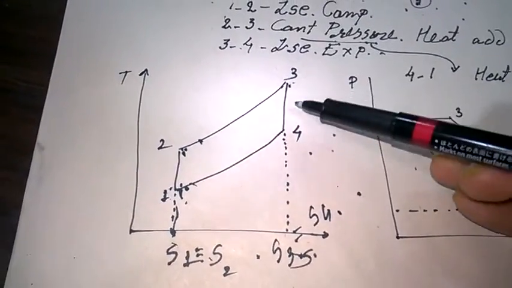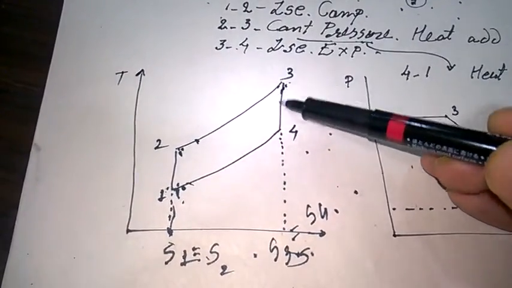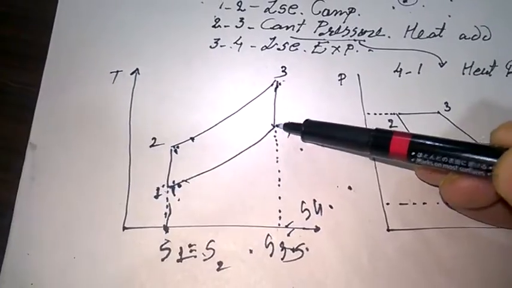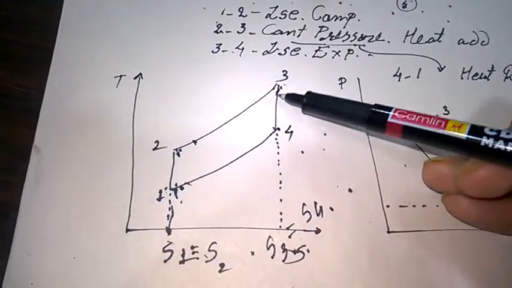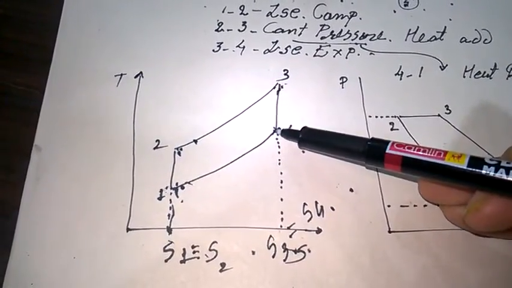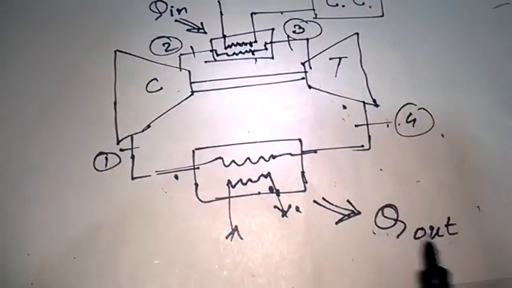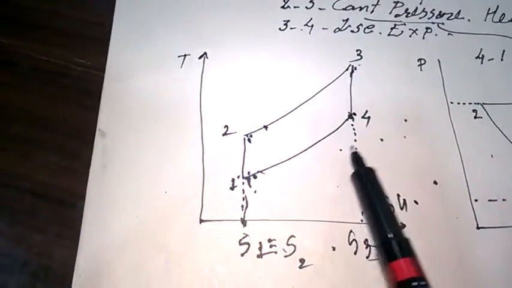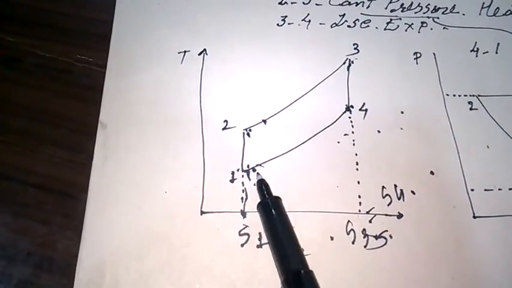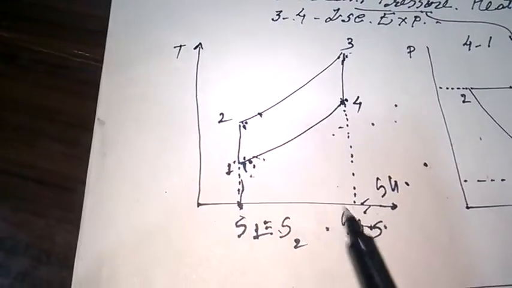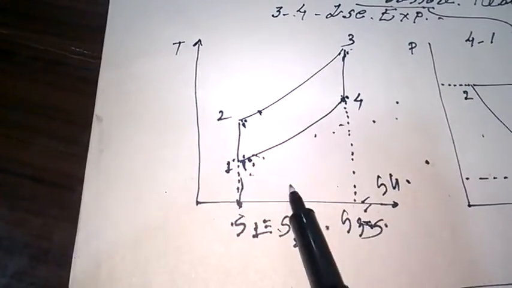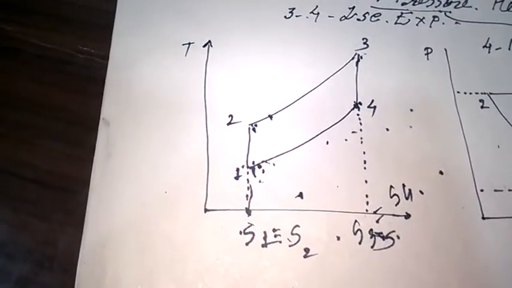During the expansion, the average kinetic energy of the molecules decreases, so temperature gets reduced. Same reverse for the heat rejection process, constant pressure heat rejection. While we are rejecting the heat from the system, temperature and entropy are also decreasing.